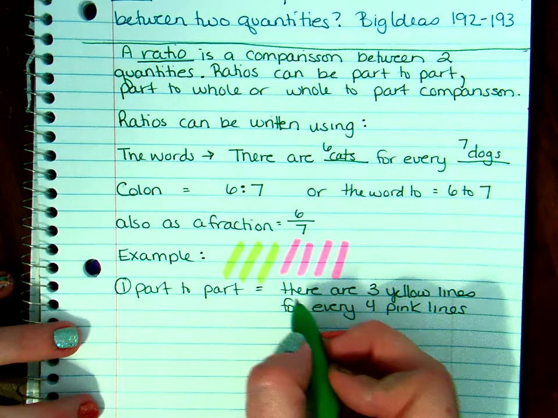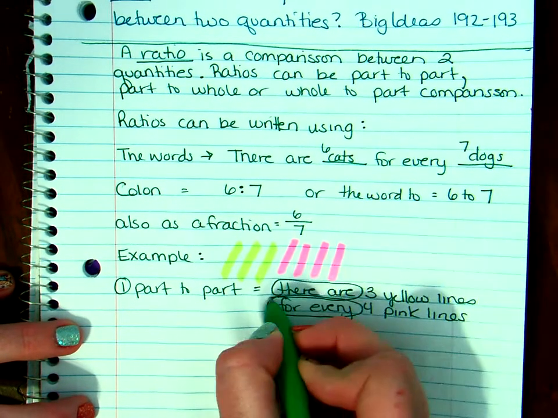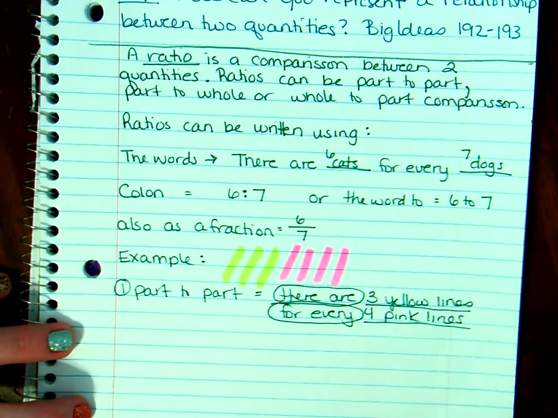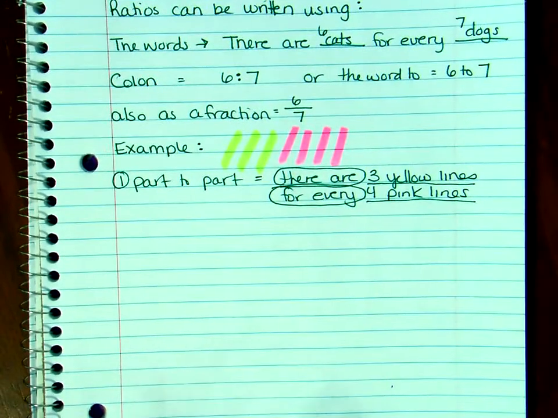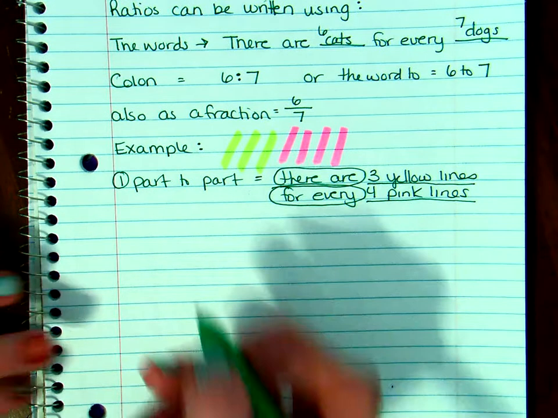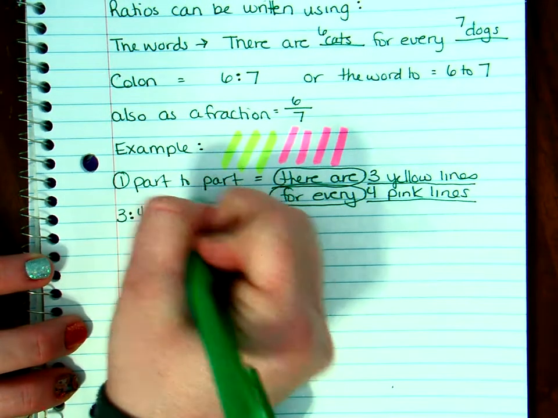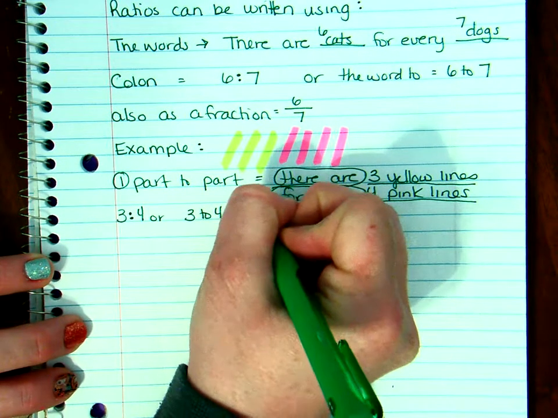Notice I'm using the phrase, there are for every, and then I'm just plugging in my data. Okay. We could also write the colon, 3:4, or use 3 to 4, or 3 over 4.